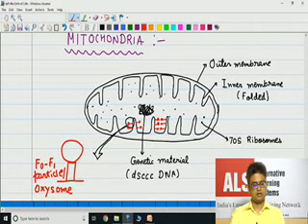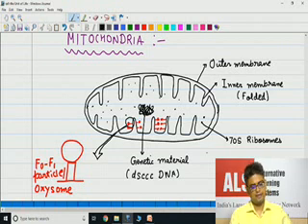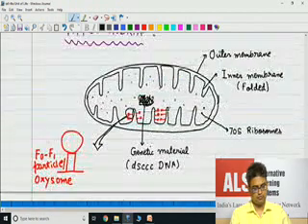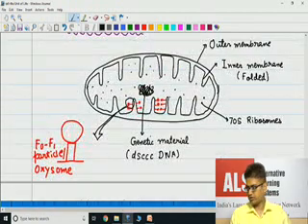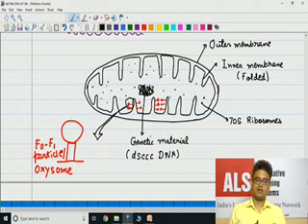Okay, F0-F1 particle or the oxysome, and these are present all over the inner membrane. So please draw it quickly, and then we will have to write some things about this. Meanwhile, I hope you have found the answer to my question.